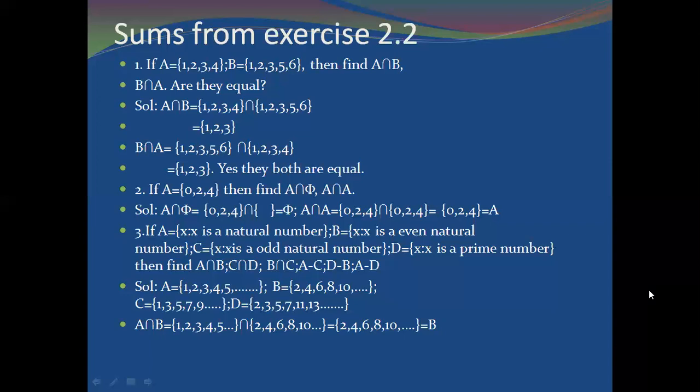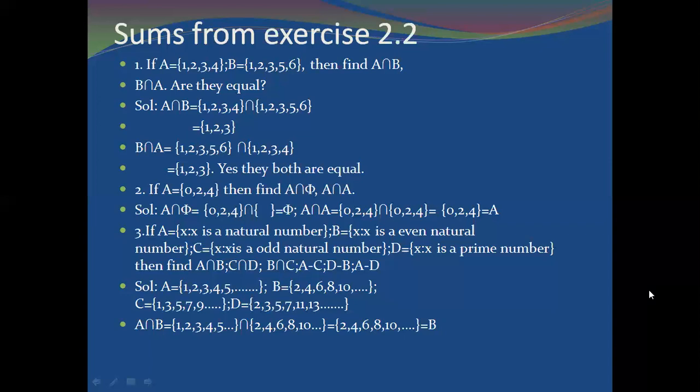Now, third question. If A is equal to x such that x is a natural number, B is equal to x such that x is an even natural number, C is equal to x such that x is an odd number, D is equal to x such that x is a prime number, then you must find A intersection B, C intersection D, B intersection C, A minus C, D minus B, and A minus D. You see here, I have given only the example first one.